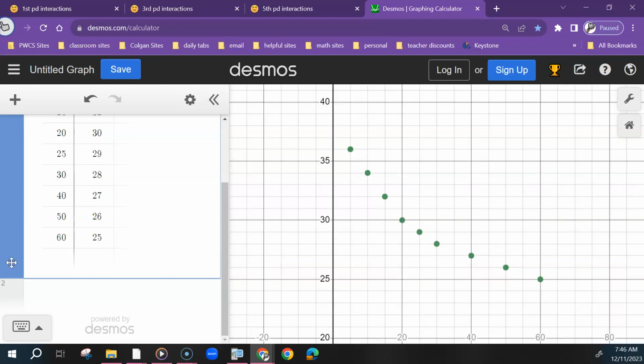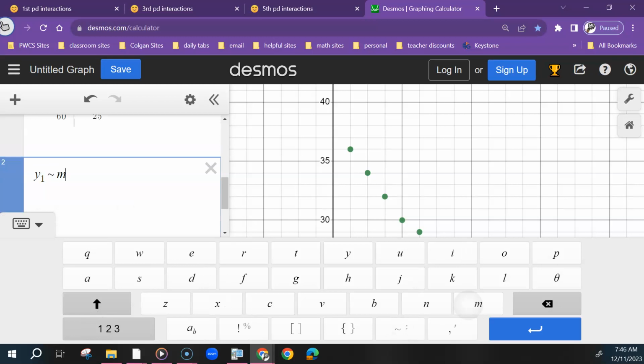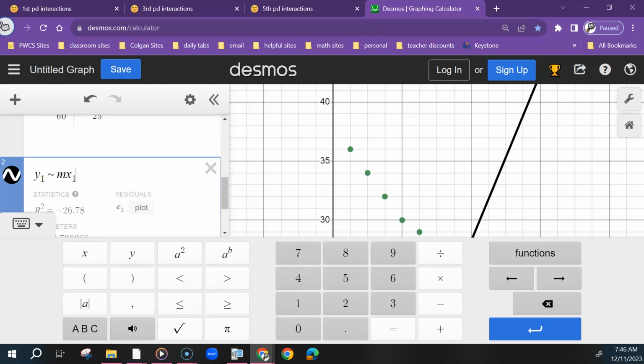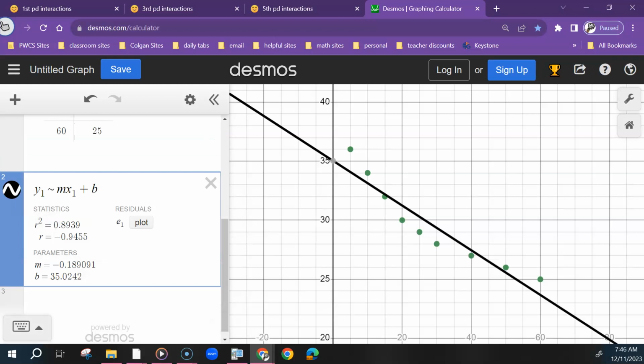And then you could have done your y1 tilde mx1 plus b and found which of these was closest to this.